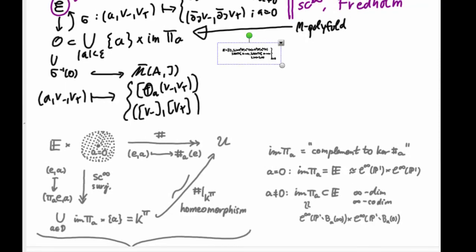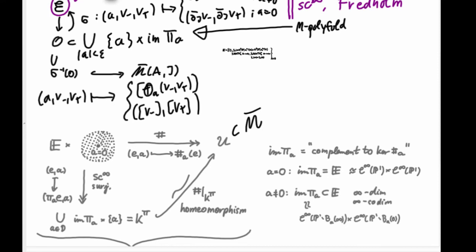And here's just a back to the preview from Monday. This is the same picture, hopefully you'll agree, as the one I had on Monday, where pregluing just had a different sign, to my open subset of my moduli space.